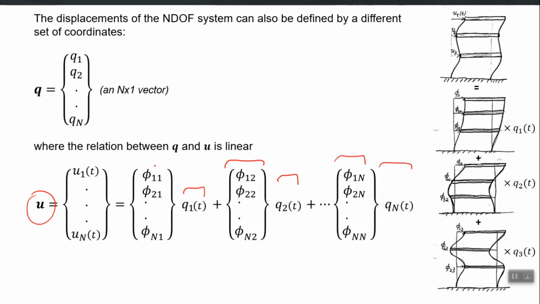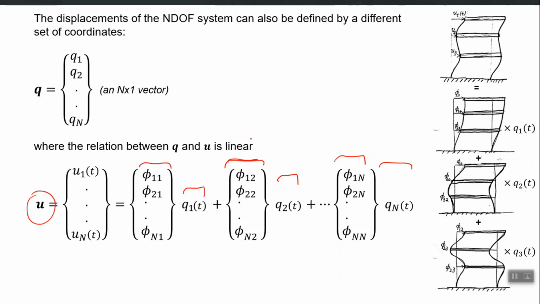So, these phi1, phi2 up to phi n are shapes, or independent vectors, which are expanding our u of t vector. q1, q2, q3 up to qn are generalized coordinates. Currently they are unknown, right?